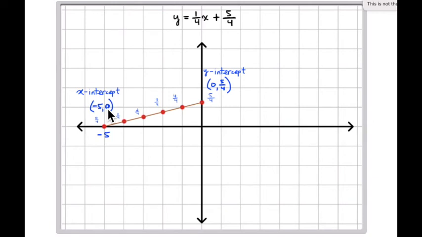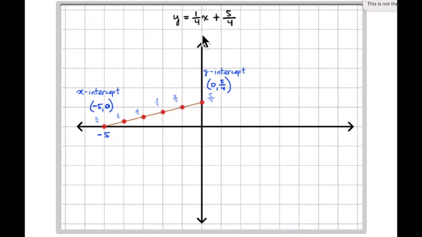So this is -5, 0 is the x-intercept, and the y-intercept is 0, 5/4. So this is a line for the equation. All of these points, the coordinates of each of these points are a solution to this equation. And that makes sense. If you multiply 1/4 times -1, that's a -1/4. A -1/4 plus 5/4 is 4/4. It's right here.